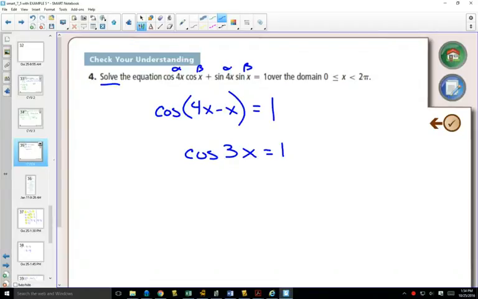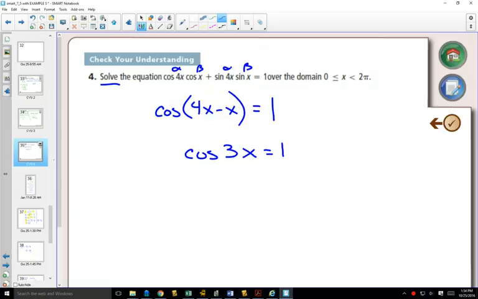So a lot of things in math are about thinking about what you know, recognizing things, and once you recognize something, change it and see what you get. So we recognized cos plus sine as the cos alpha minus beta formula. Plug that in, and then we get cos 3x equals 1.